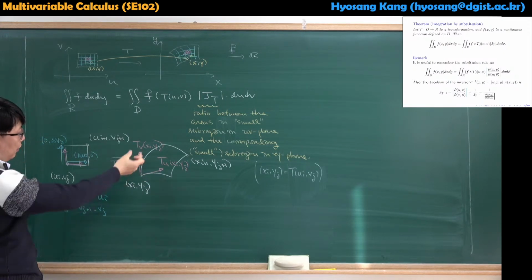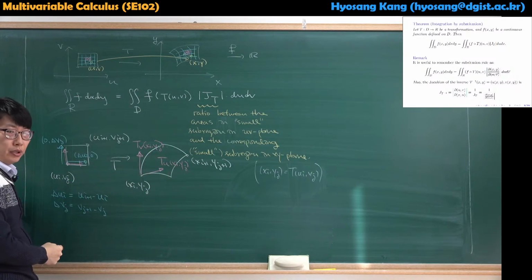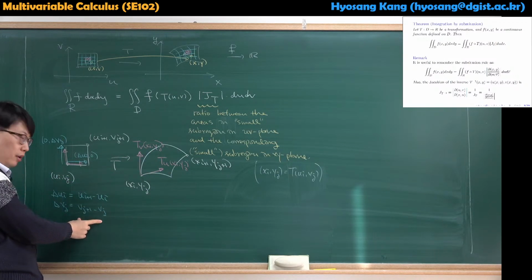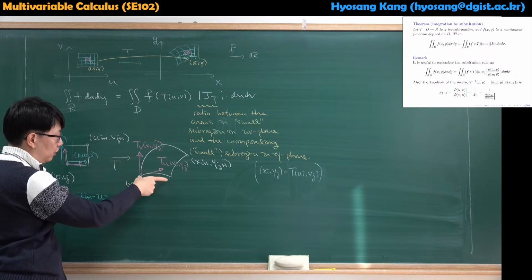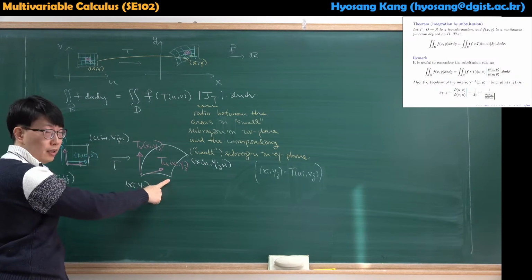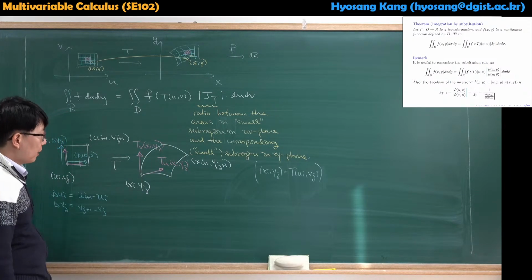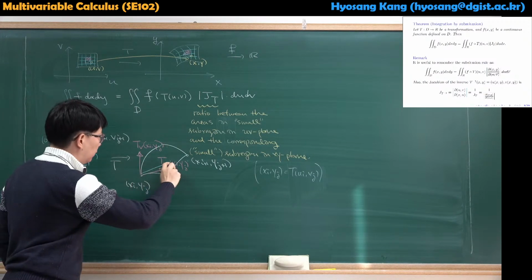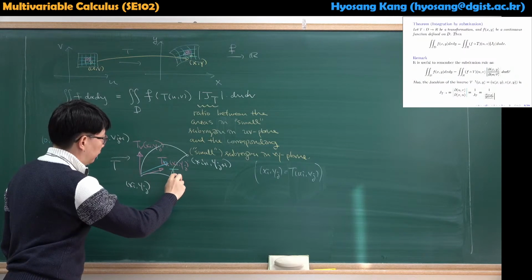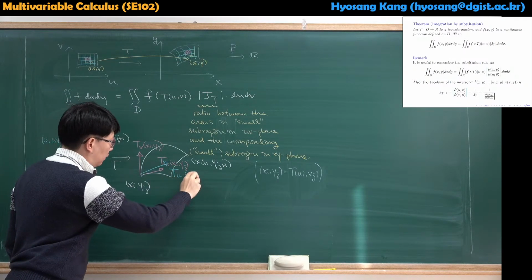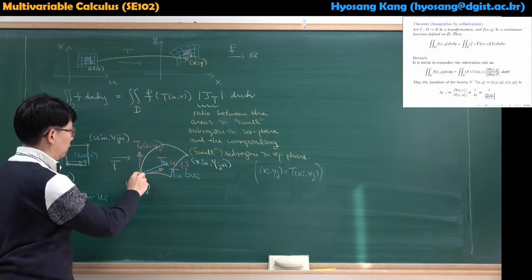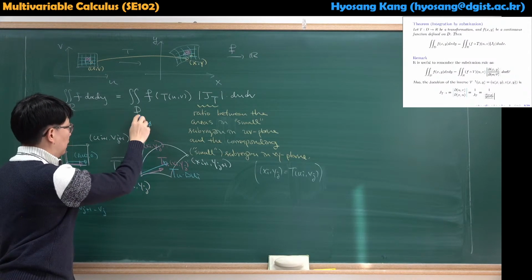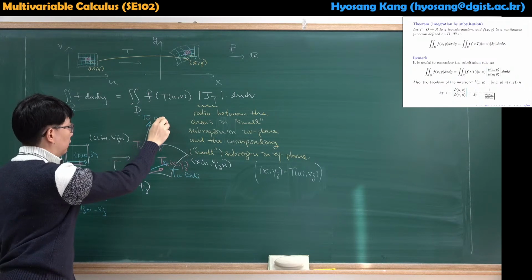So for these vectors, we also need to multiply by the same increments of u and v in order to approximate the length of this one side of the bounded region here. So when I do that, let's say this blue one is Tu delta ui, and here we have Tv delta vj.